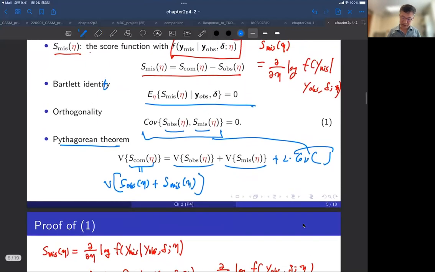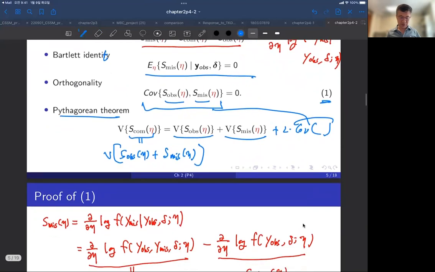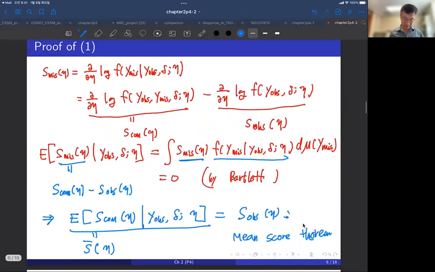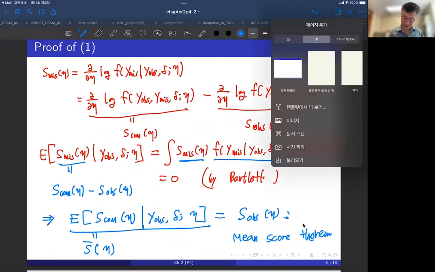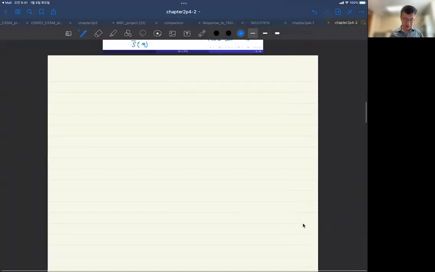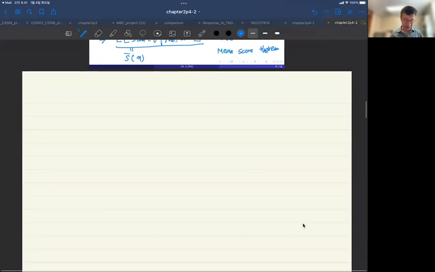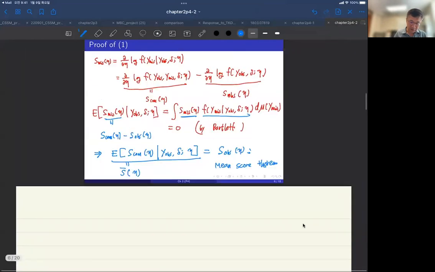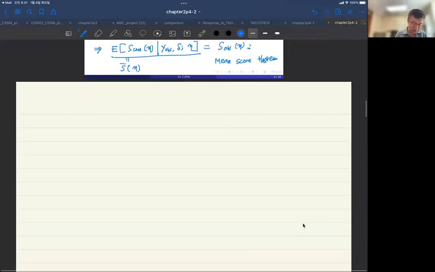So then the question is, how to show this? Show equation 1. Let me use the space again. Okay, so the question is the covariance of S obvious eta and S miss eta. First, this is a p times 1 vector. This is also a p times 1 vector.